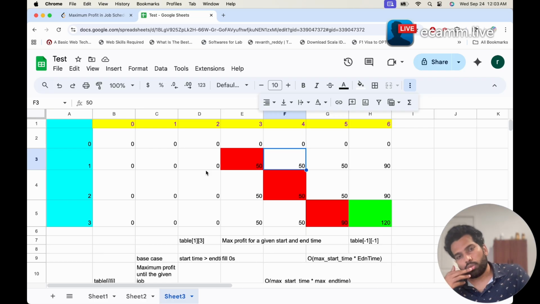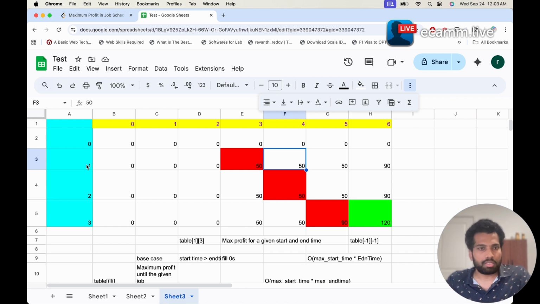That would be one scenario where this table could be useful. And the second scenario would be, let's say, if we have a dynamic way of updating the jobs, like adding jobs to the queue. Let's say a new job has to be scheduled with start time 1 comma 4, and you wanted to know what is the current maximum profit, and the new job's profit is, let's say, 100.